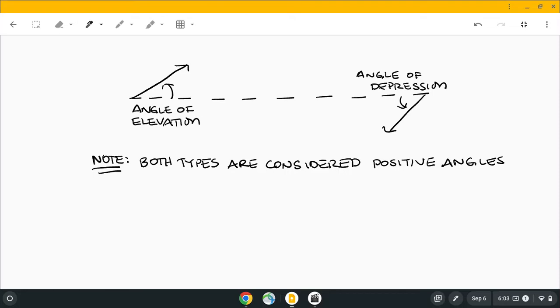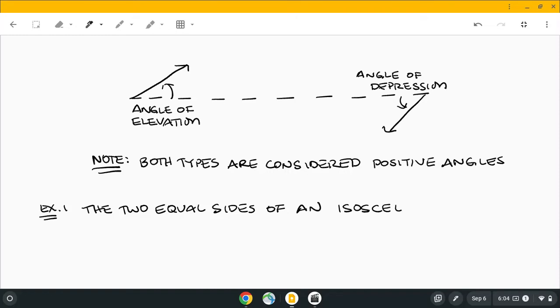Suppose that the two equal sides of an isosceles triangle are each 14 centimeters. Remember, an isosceles triangle has two sides that are congruent.